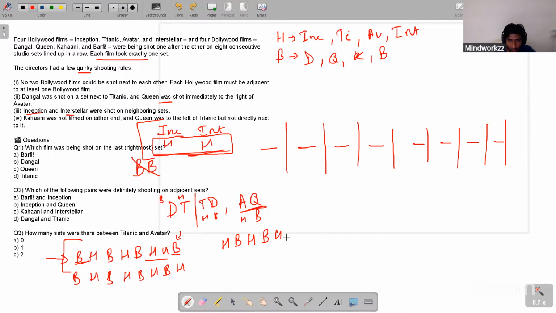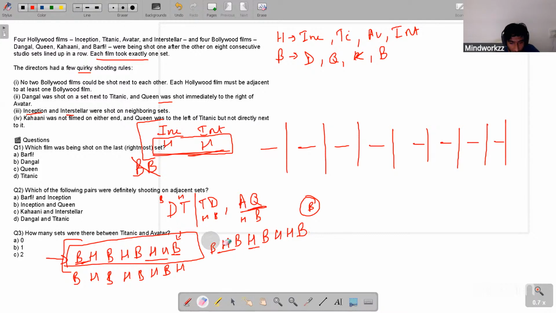Hence, the other part: if you start with Hollywood and you have Hollywood film, Bollywood film, and then Hollywood, Bollywood, etc., you will end up missing one Bollywood film, which can either come here at the end, or it can come next to this. But since we know that two Bollywood films cannot be next to each other, this is not possible, and that's why we are going to have a Bollywood film at the end, and hence we are going to have this same structure as before.